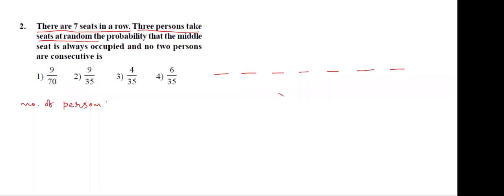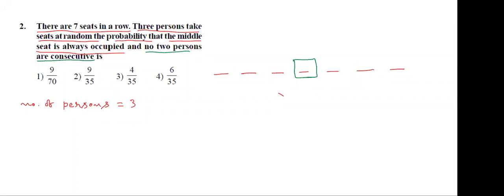Only 3. What is the probability that the middle seat is always occupied? Where is the middle seat? This part only, and it is always occupied. And no two persons are consecutive.